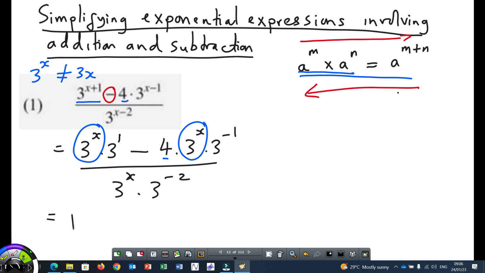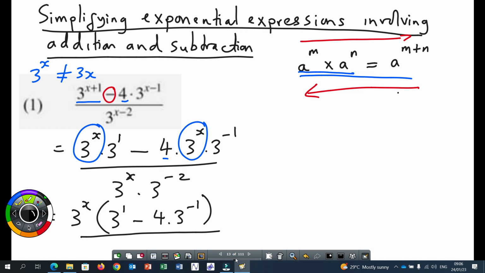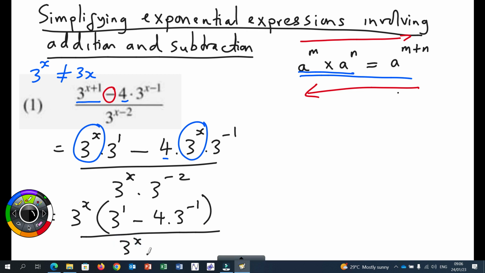So we get 3 to the power of x, and you open the bracket, 3 to the power of 1 minus 4 times 3 to the power of minus 1. This is all over 3 to the power of x times 3 to the power of minus 2.